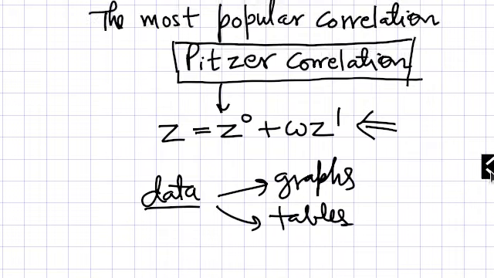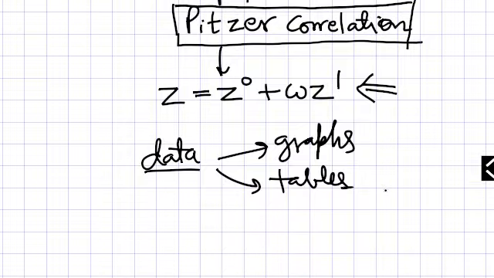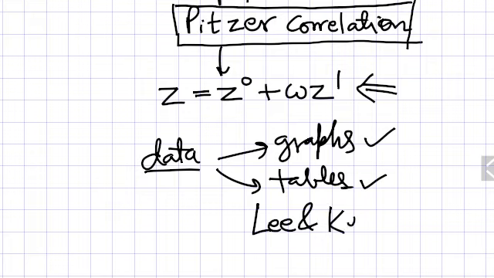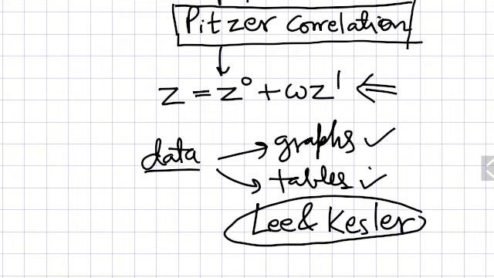Both types of data are available, but in your book in the 7th edition you will find that a table has been given, and the name of these tables is Lee and Kessler data.